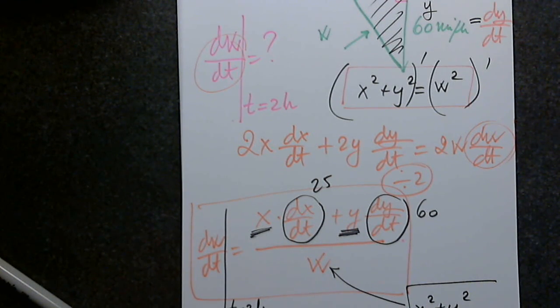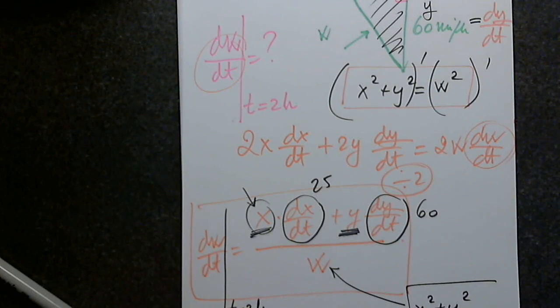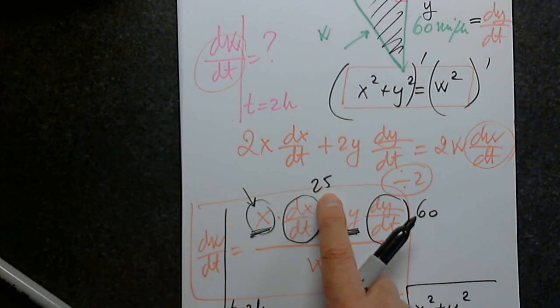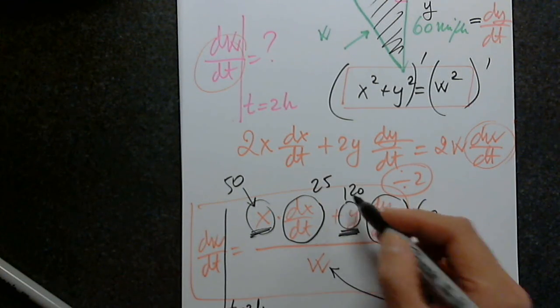And now we do have the time of 2 hours. So how do I determine x? x will be, when time is 2 hours, 2 times 25, which is 50. Very good. And when time is 2 hours, y will be 120.